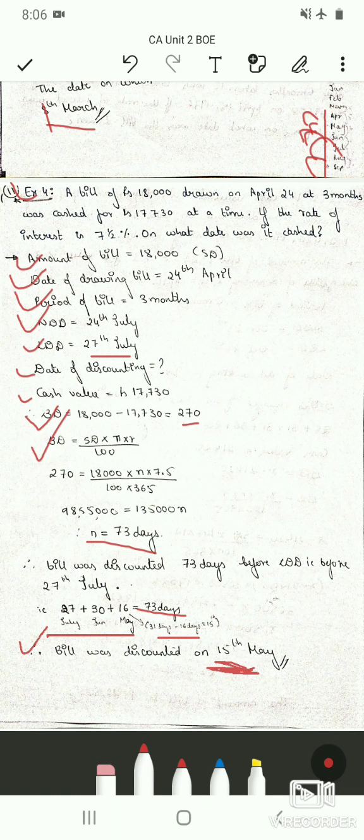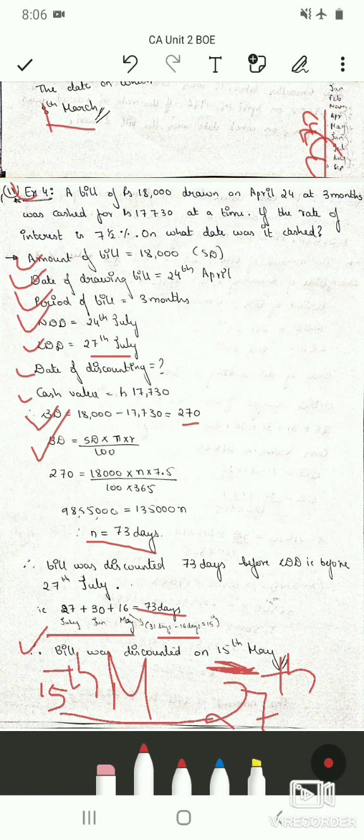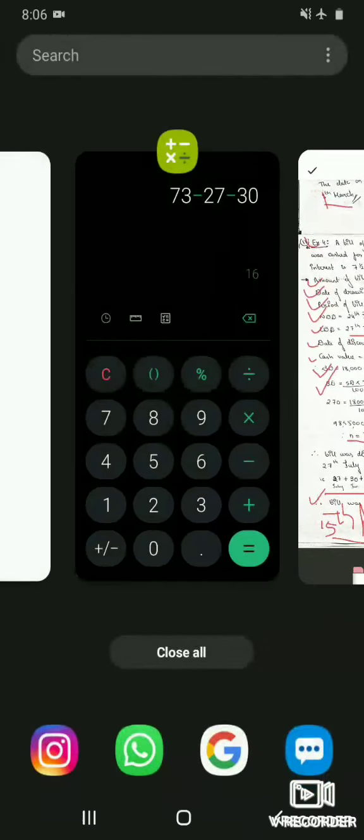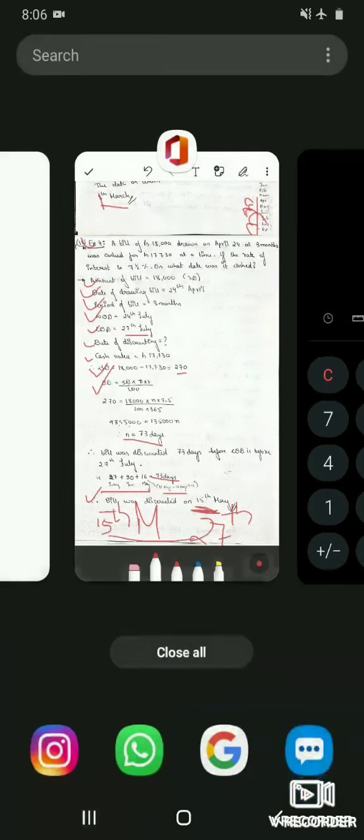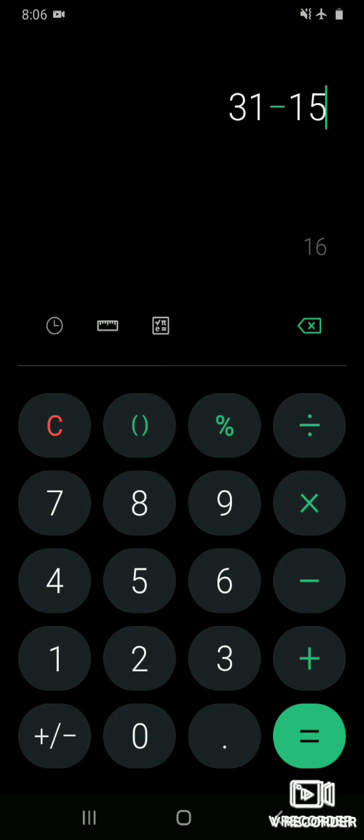So you can recheck your answer. Date of discounting of the bill is 15th May and legal due date is 27th July. So now what will be the period between 15th May to 27th July? So May has 31 days. In that 31, we have 15 days gone.